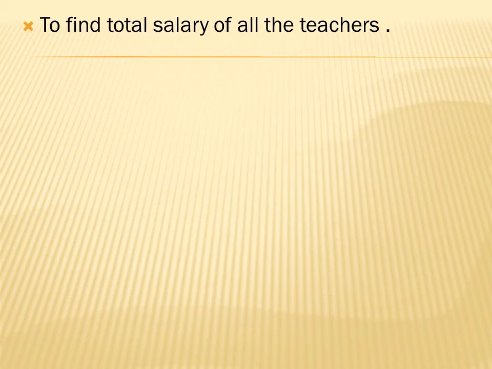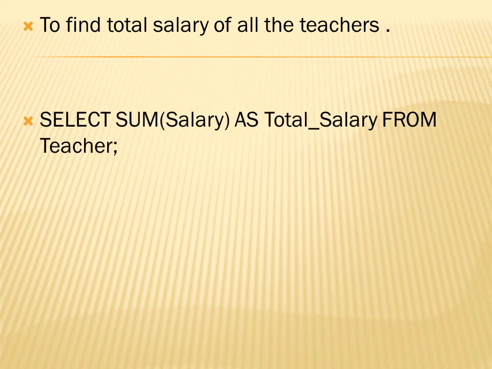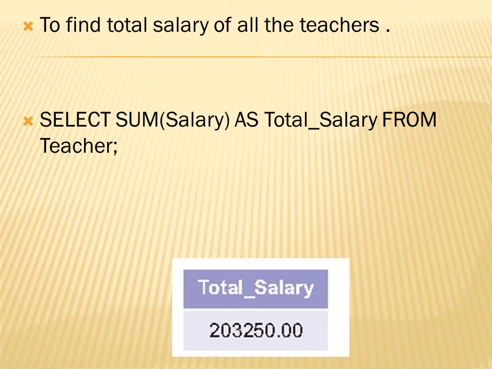First, to find the total salary of all the teachers: select sum, and in the bracket the name of the attribute is salary, as total salary, from the table teacher. So this is the output. The total salary is 2 lakhs 3250.